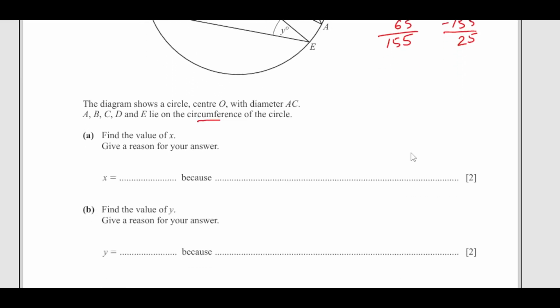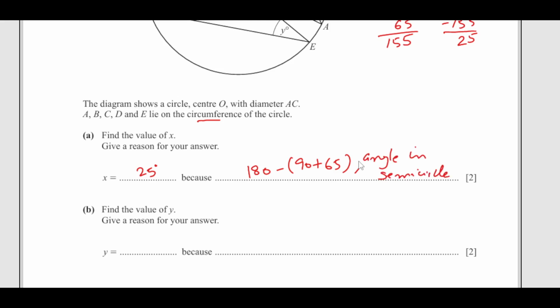So we are going to write down here x is 25 degrees, because angle in semicircle, I can just write down 180 minus 90 plus 65, angle in semicircle. You can write down here angle in semicircle is 90. That's why we do the further calculations.